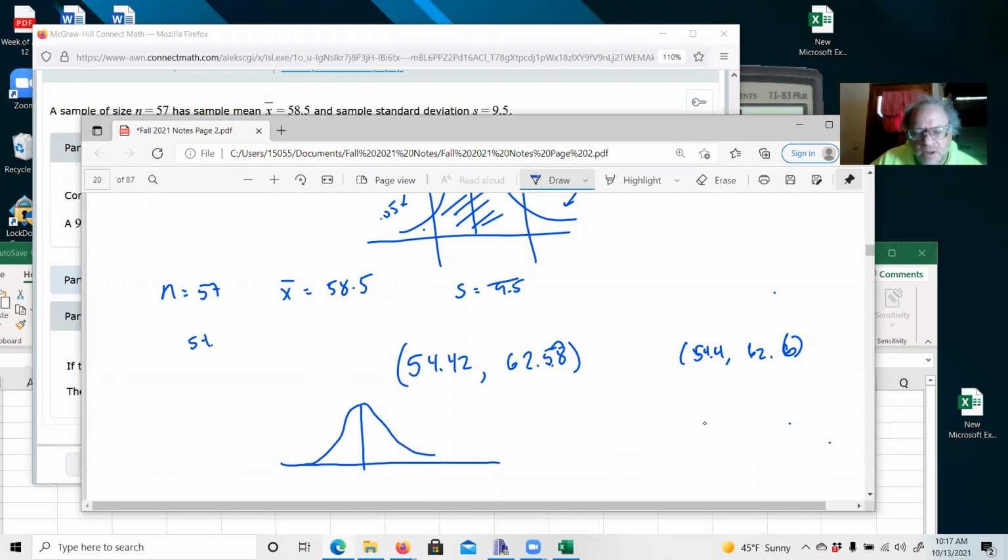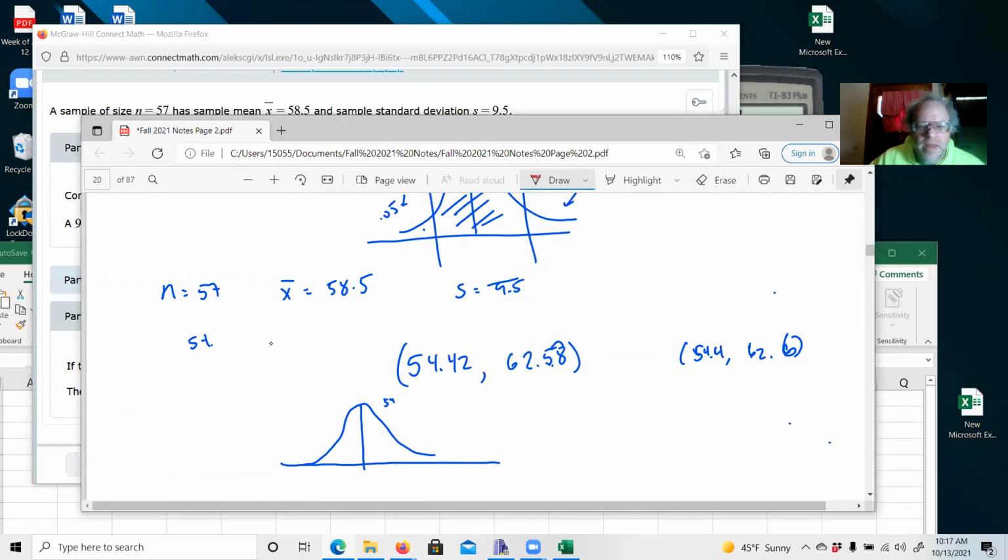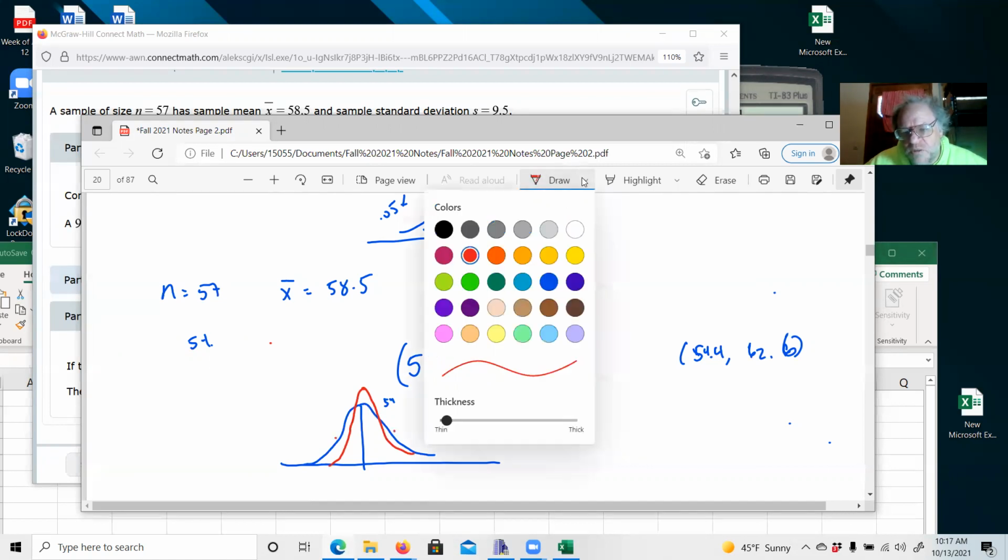So if I go from 57 to 54, again not drawn to scale, the blue one is a little bit more spread out. There's more room in the tail.